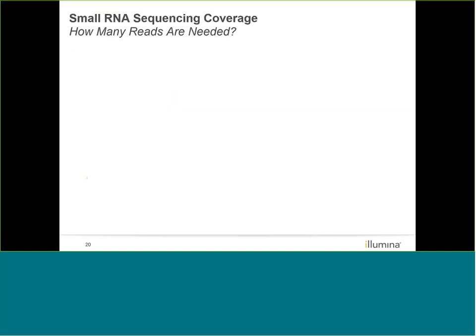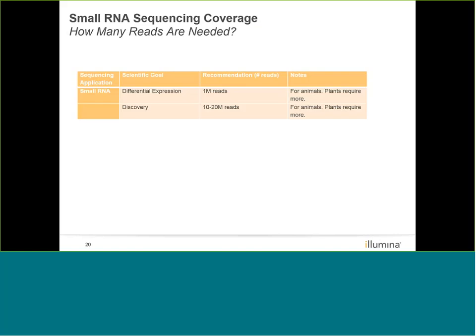So for the small RNA sequencing, how many reads are needed? The number of reads that are needed is dependent on the application. Right? If you're doing differential expression and working with animal cells, you probably just need about 1 million reads per sample. If you're doing more of a discovery type of project, discovering new microRNA, then you will need about 10 to 20 million reads per sample.